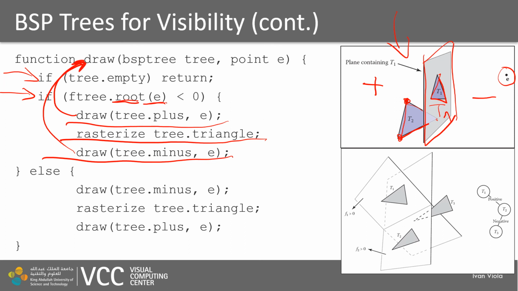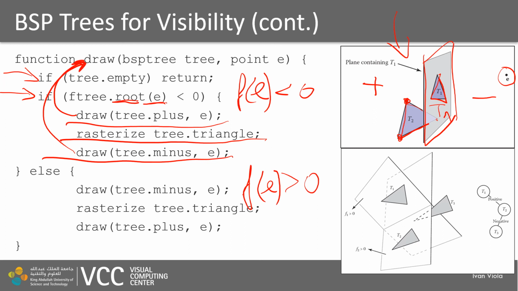If this is not the case, meaning that the eye point is in the positive subspace, so this is F smaller than 0, and this is F bigger than 0, not the E really, but the F, the plane function, the implicit equation.